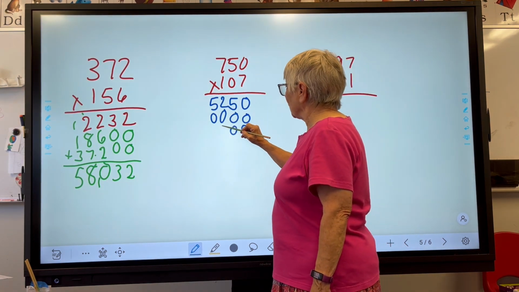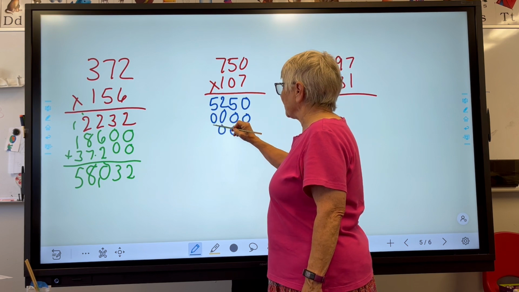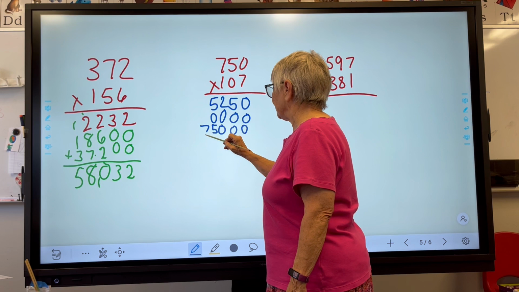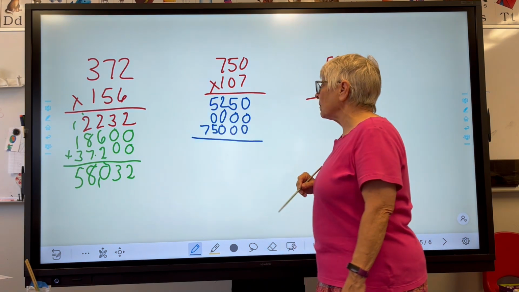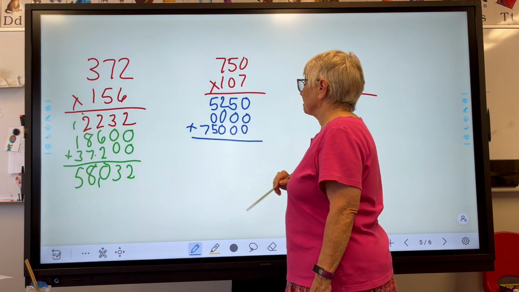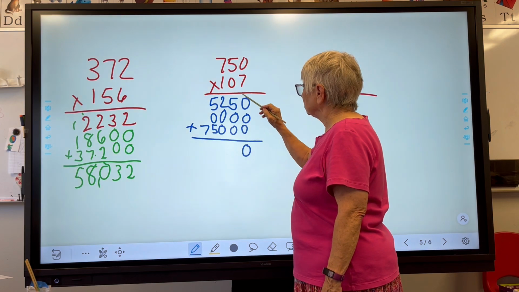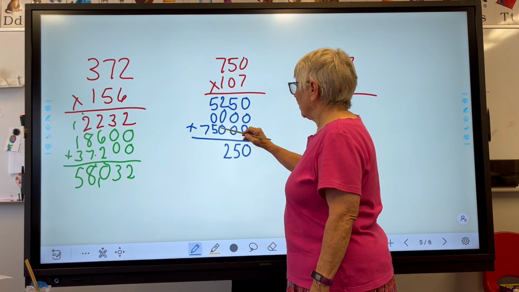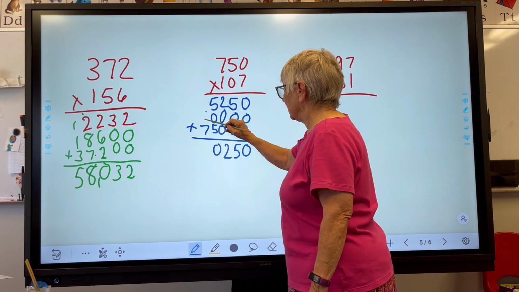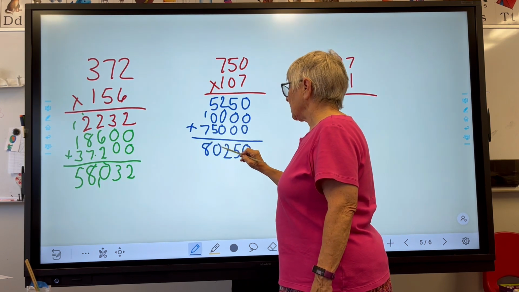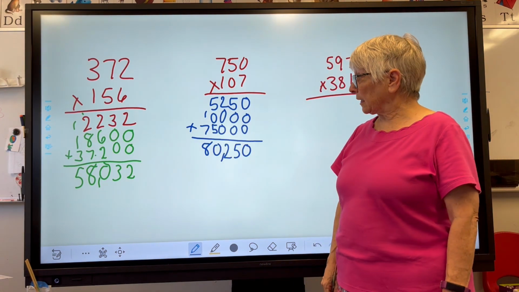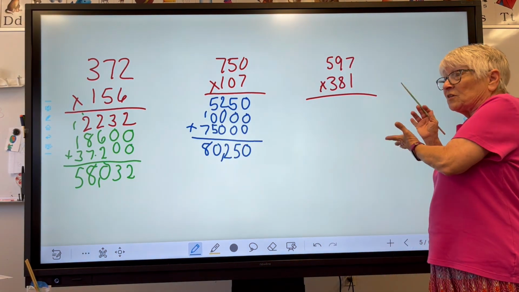And 1 times 0 is 0. 1 times 5 is 5. And 1 times 7 is 7. And we add them up. 0, 5, 2, 5 and 5 is 10. 7 and 1 is 8. So that's 80,250.